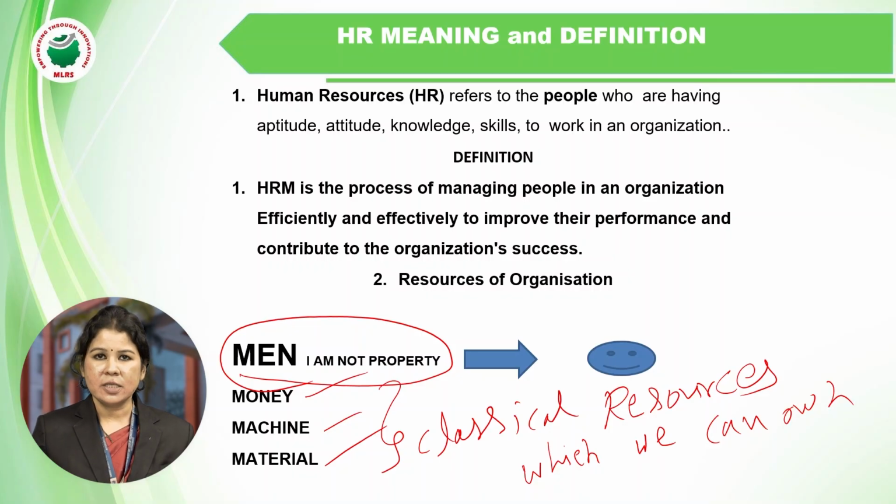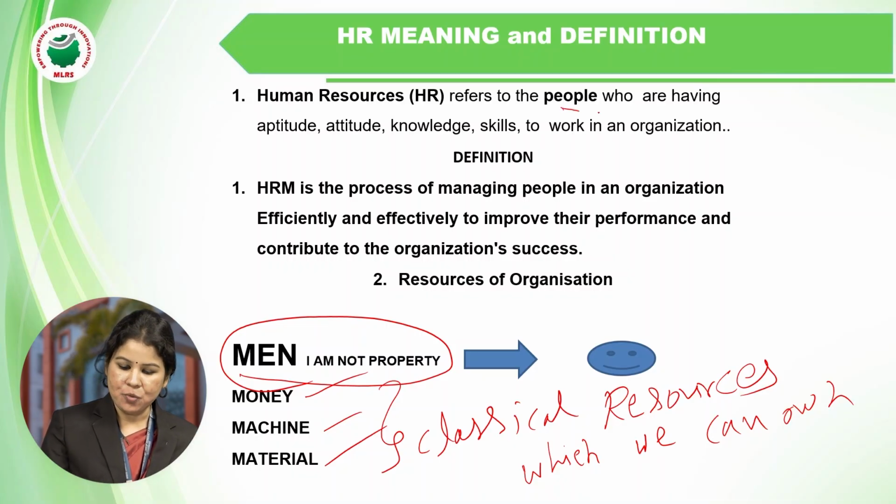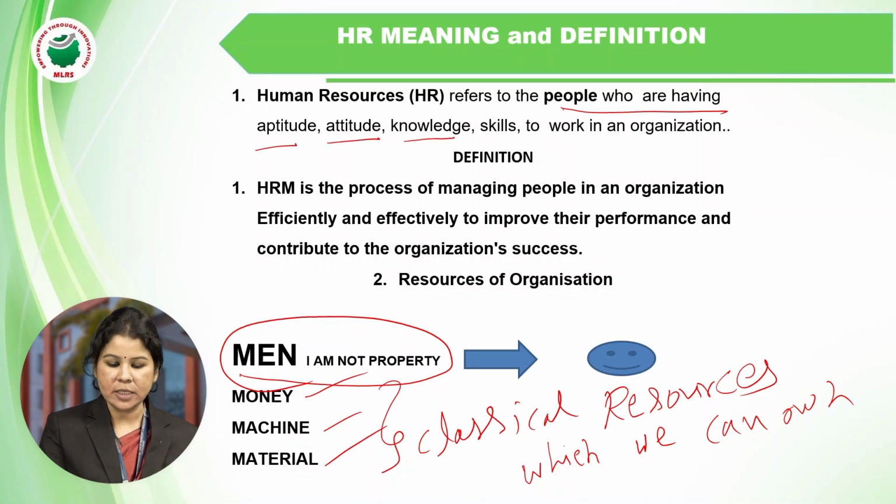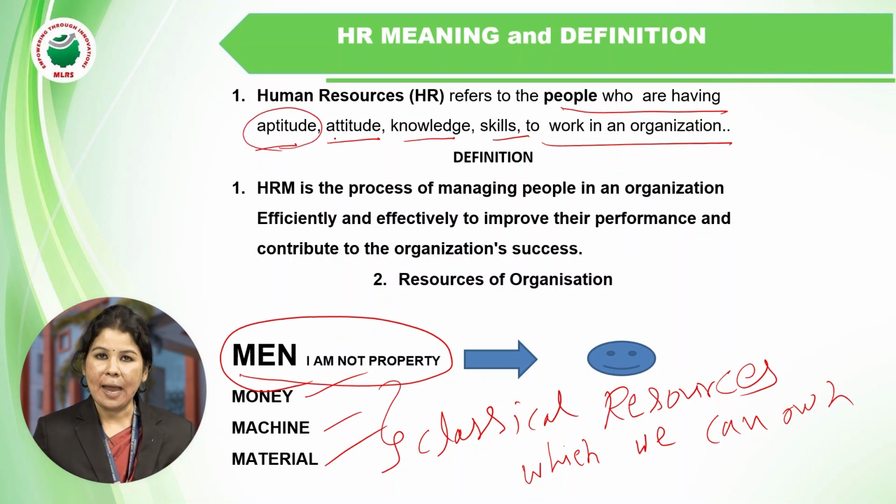Now first let us have a glance at the meaning of human resources. Human resource are people who have aptitude, attitude, knowledge, skills to work in any organization. So human resource means people who have aptitude. What do you mean by aptitude?